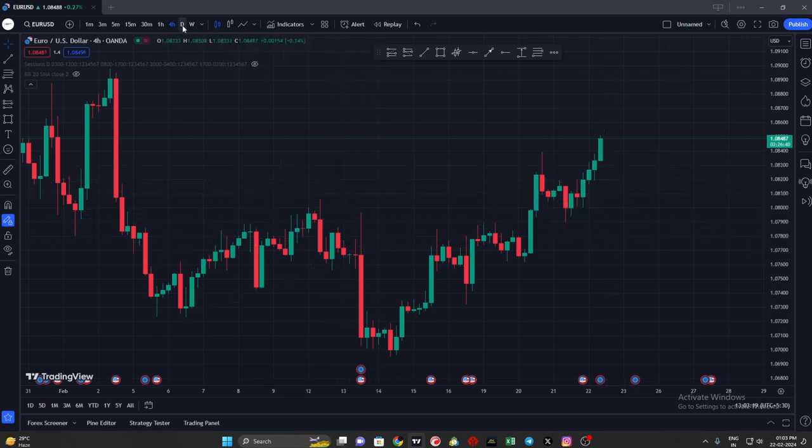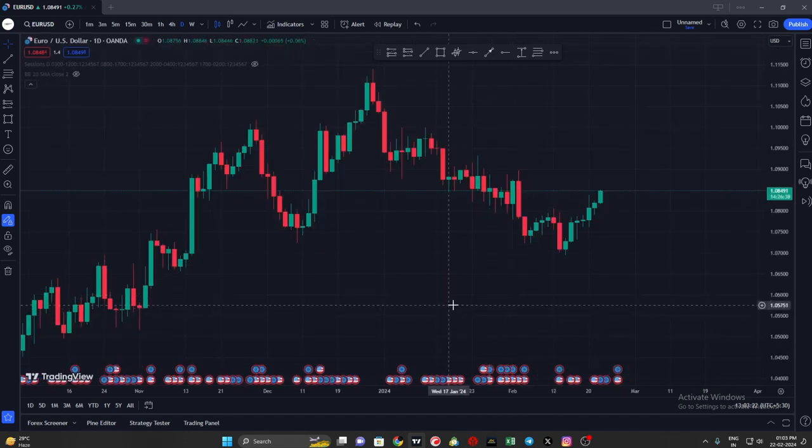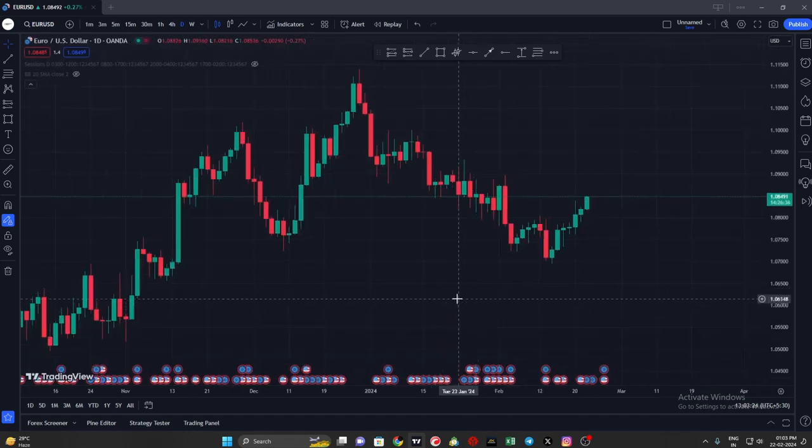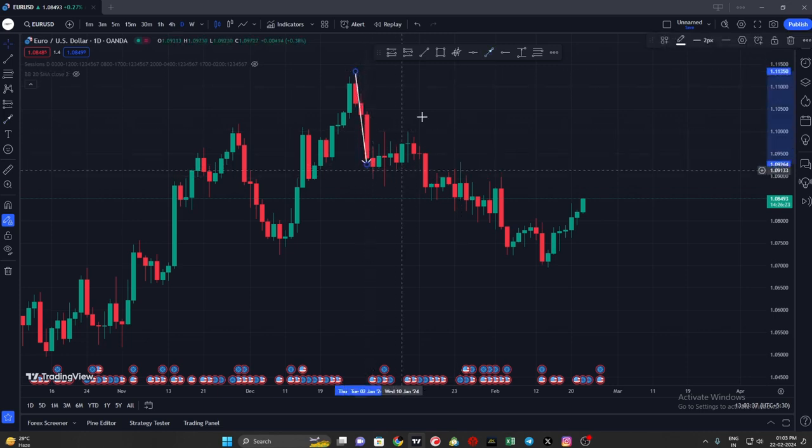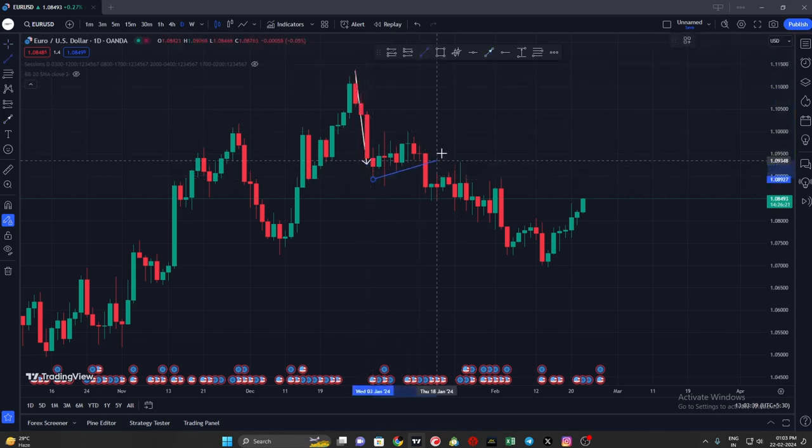And now let's move on to the daily chart and look for investments. From the investment perspective, this strategy works really very well. I use it personally for investment purposes. Why? Because you can see very clearly that we had a drop, and then we made some sort of base here, and then price made a breakout here.